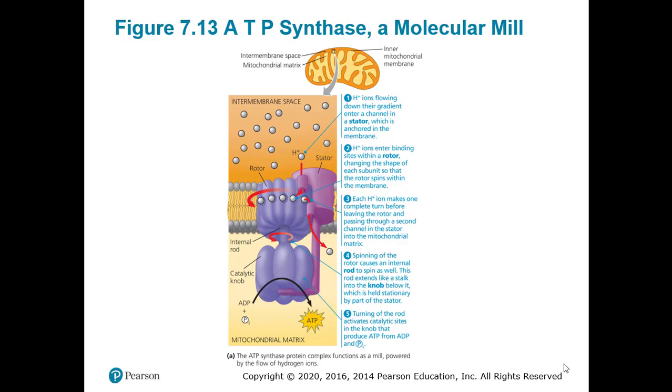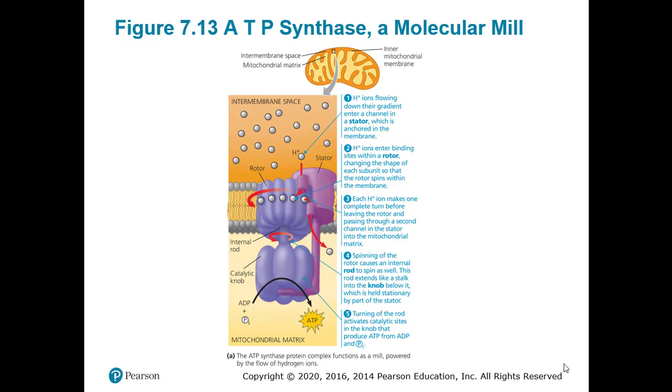You have all these little rotors that have little holes that specifically allow for a hydrogen ion to attach to them. As a hydrogen ion wants to diffuse, it's going to diffuse through this little purple channel here in the stator. Every time it diffuses, it attaches in here to the rotor.